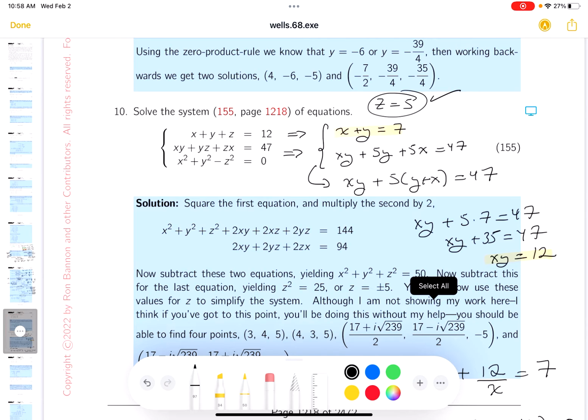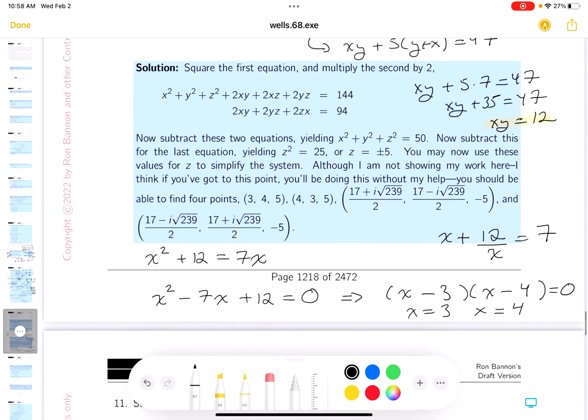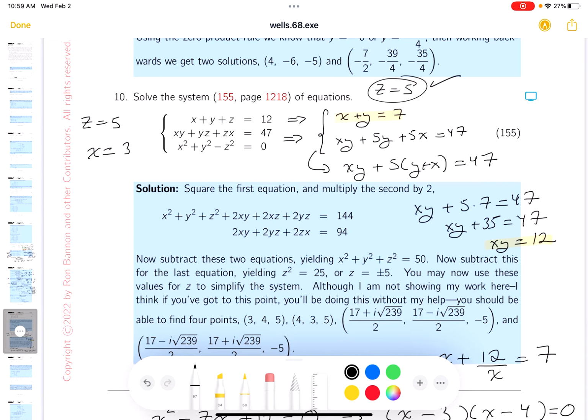When z is 5, I got two results now for x. x could be what? x could be 3. Or when z is 5, x could be 4. Now, do I know a relationship to get y? I do.